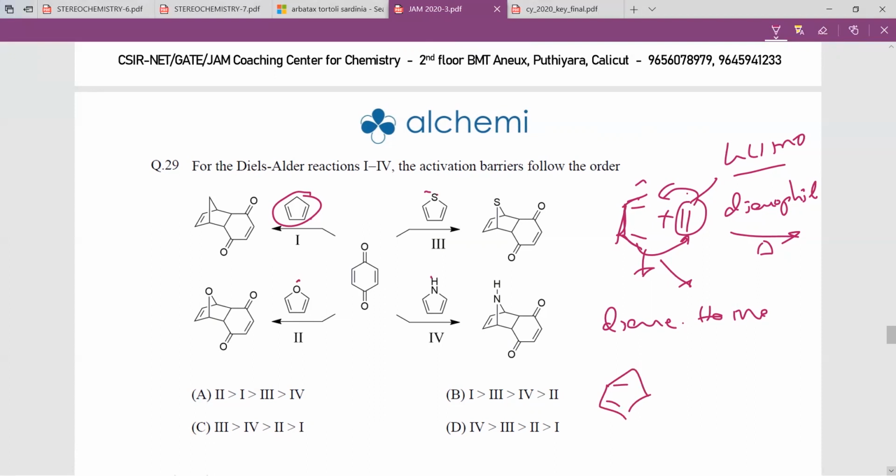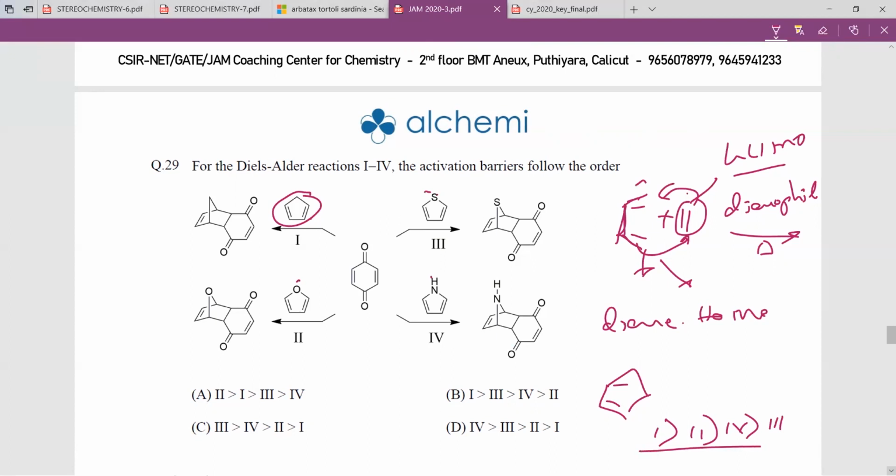Oxygen, nitrogen and sulfur are electron withdrawing groups, so that will pull the electron. So it cannot directly participate. So the reactivity order will be like this. First one will have high reactivity, then comes oxygen, 2, then comes nitrogen, 4, and then comes sulfur. So this will be the reactivity order.